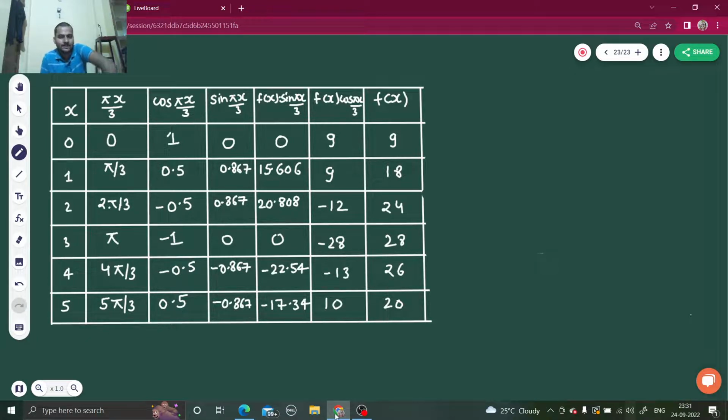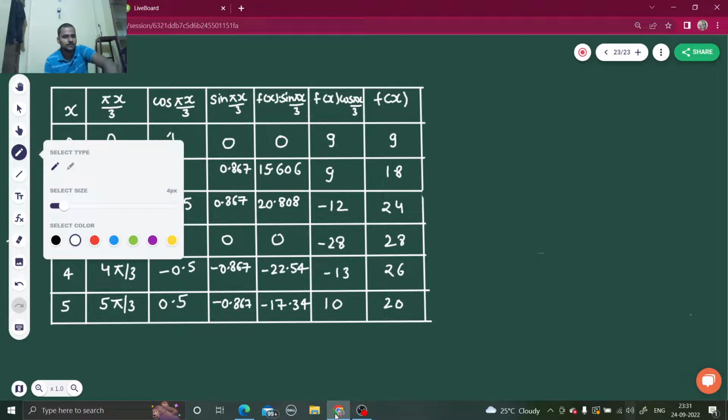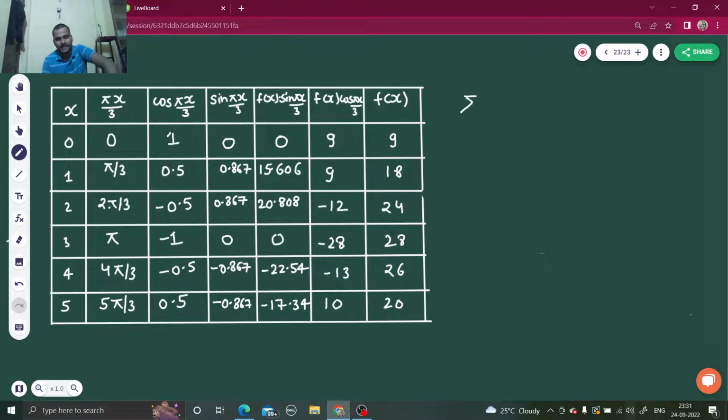Now we'll have to find the summations. So summation fx, you have to add all the values, so that will come out to be 125. Fine.